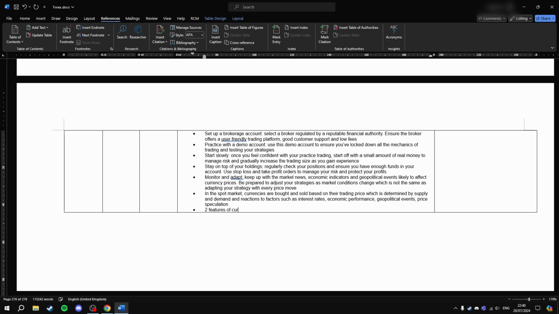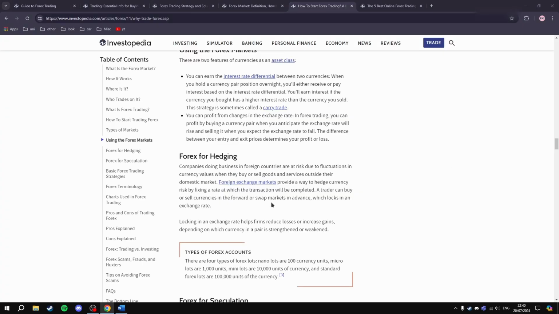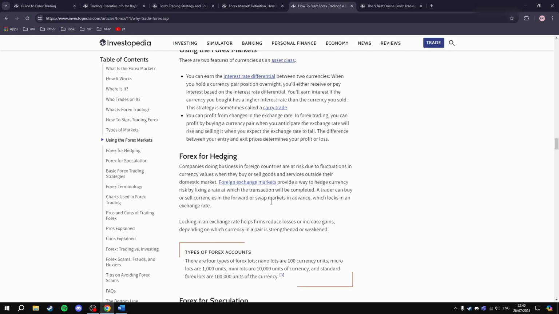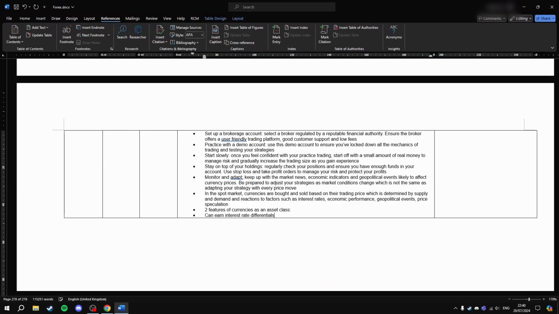Two features of currencies as an asset class. You can earn the interest rate differential between two currencies.